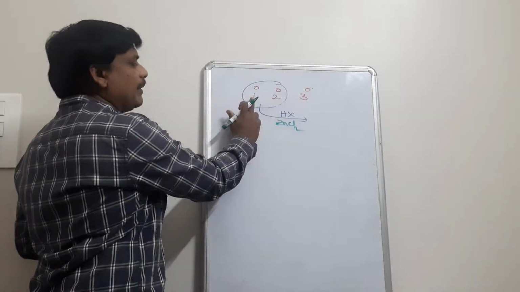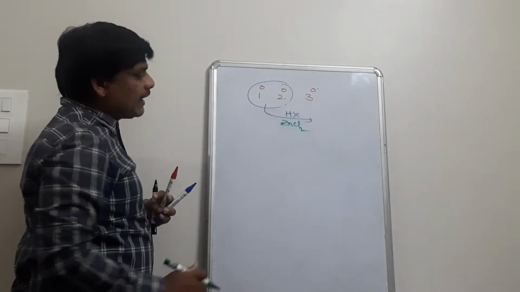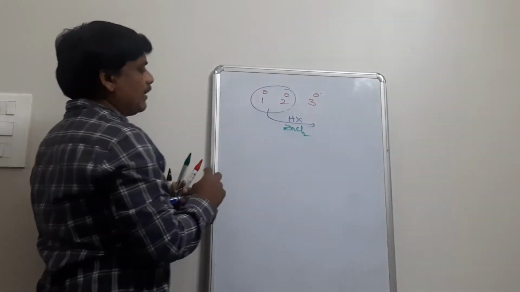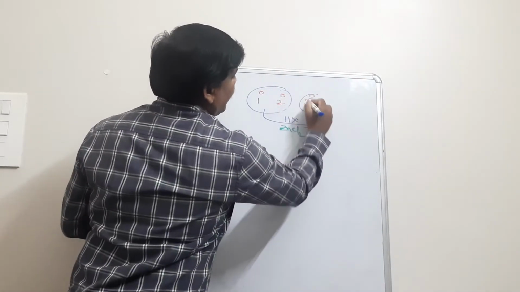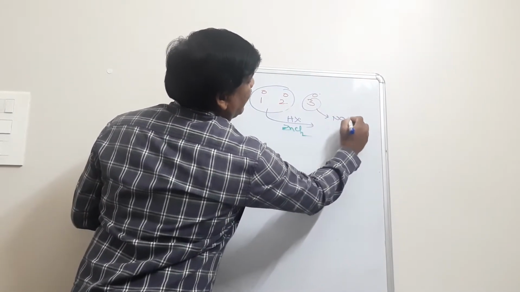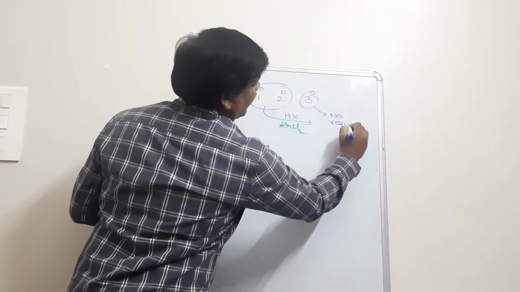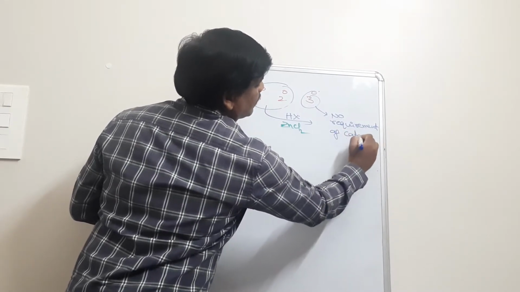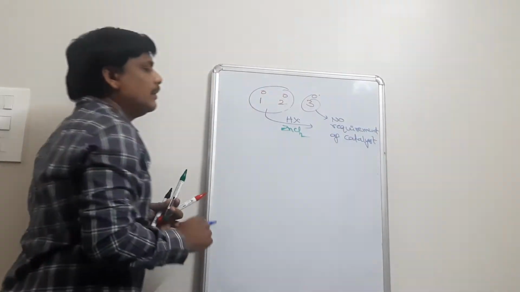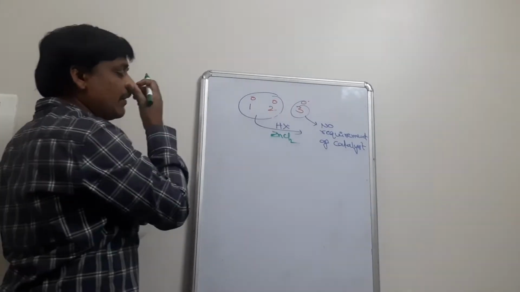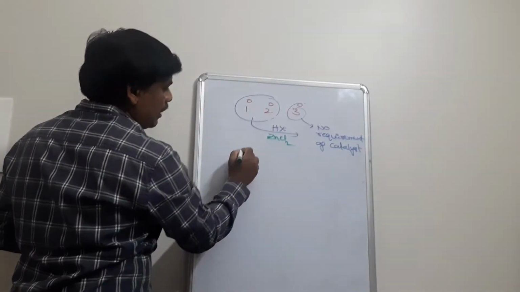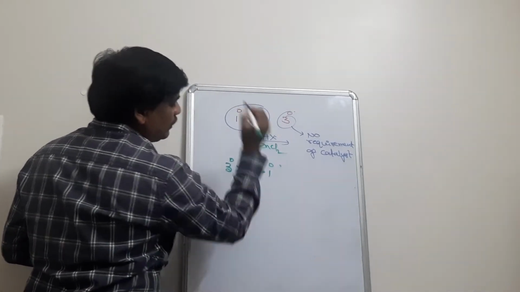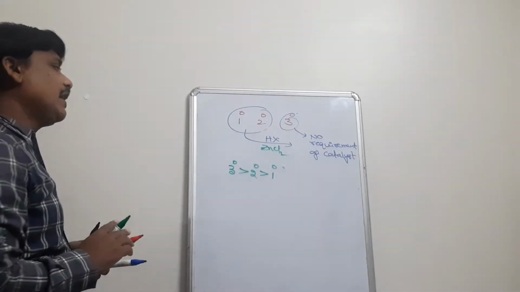Because primary and secondary alcohols are less reactive than tertiary alcohols. But for tertiary alcohol, there is no requirement of a catalyst, because it is more reactive. So tertiary alcohol is more reactive than secondary alcohol, which is more reactive than primary alcohols.